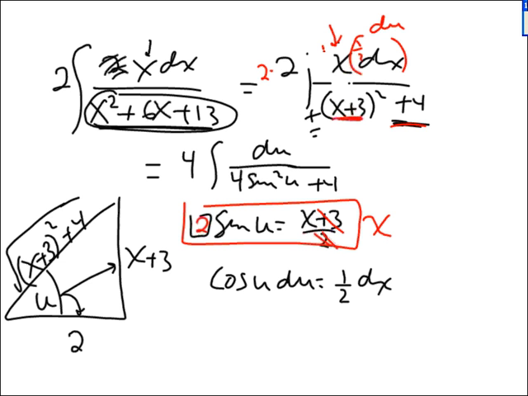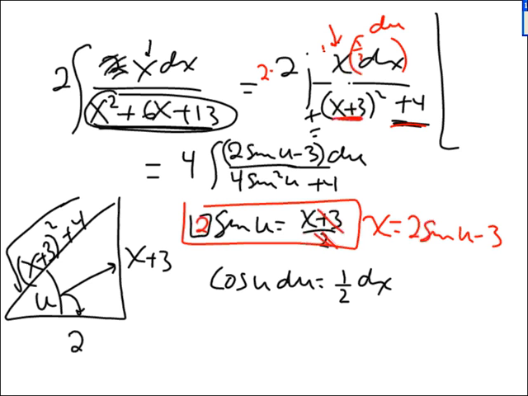If I take away 3 from the left side, I get x. Well, I have to take away 3 from the right side. So we get x times du. We have 2 sine u minus 3 times du. That's where we're at. And just so I don't lose it, the substitution we made was 2 sine u is x plus 3.